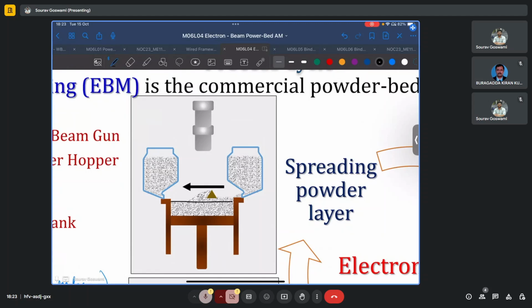Now the bed moved down by a height equal to this. Let's call it h. And then the doctor's blade or the recoater blade is moving, in this case as shown, from left to right, spreading the powder evenly.